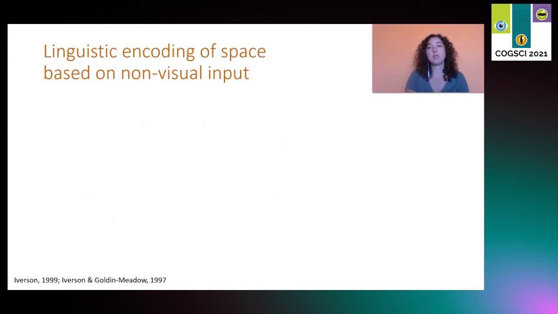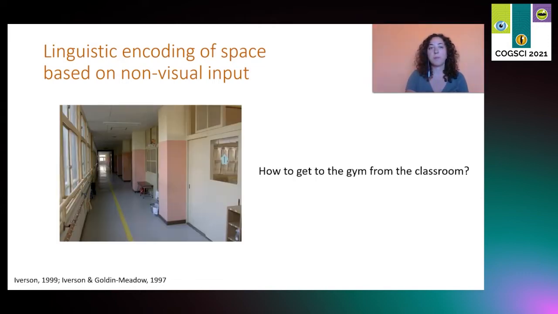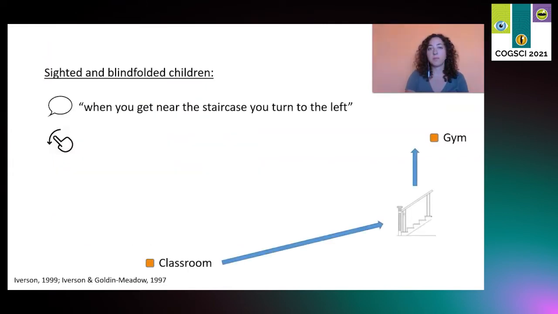A few language studies show that when people rely exclusively on non-visual spatial information, their representations reflect the nature of visual input. In one study, researchers asked blind, sighted, and blindfolded children to give route descriptions for familiar locations in their school, such as how to get to the gym from the classroom, and they measured children's speech and co-speech gestures.